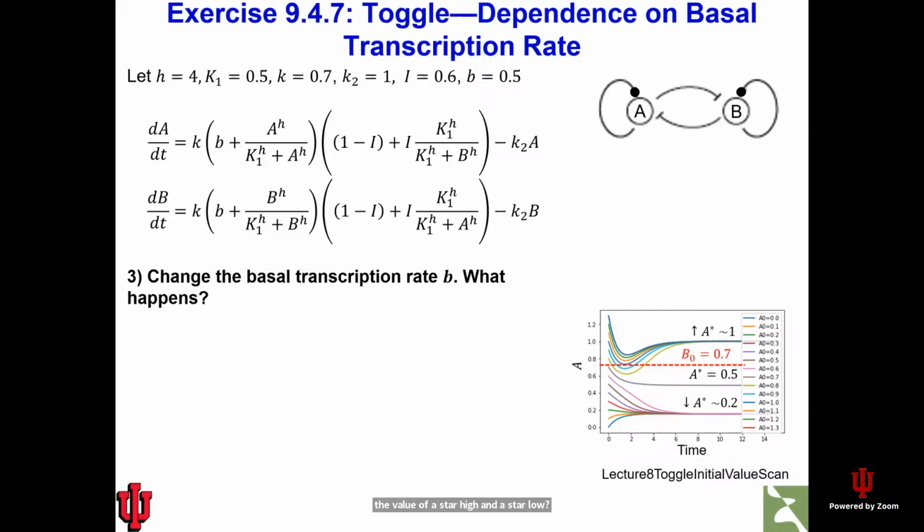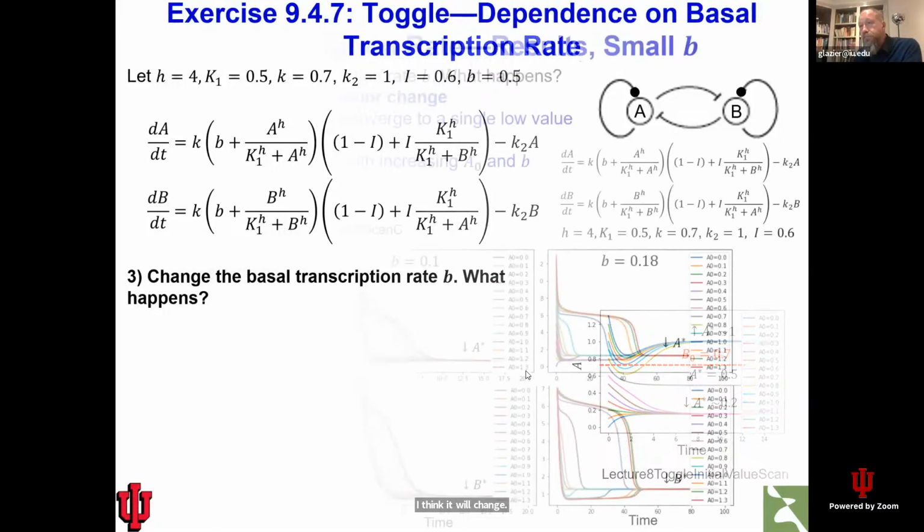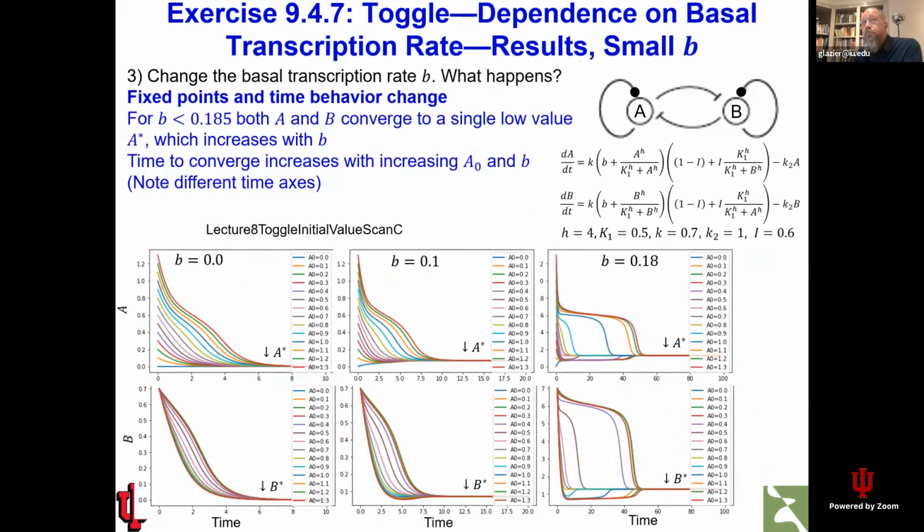I think it will change. Okay. So that's the first one where it might be worth trying it out. So the answer is yes, it does. It changes both the temporal behavior and the value of the fixed point.